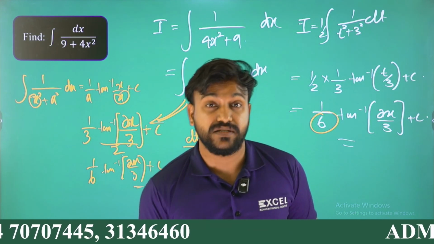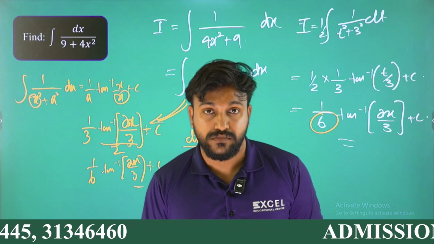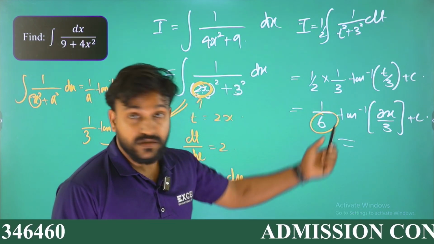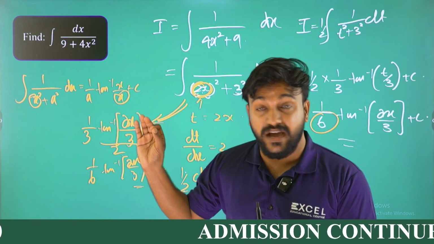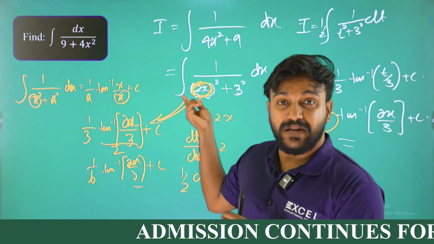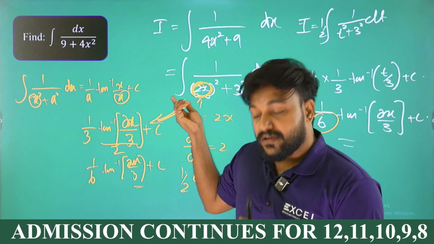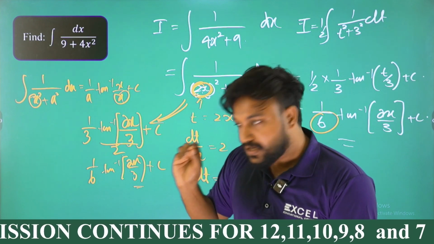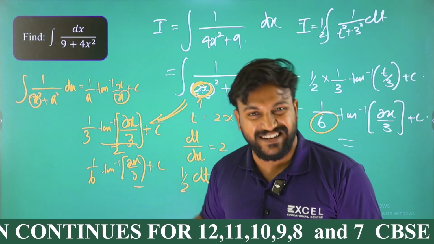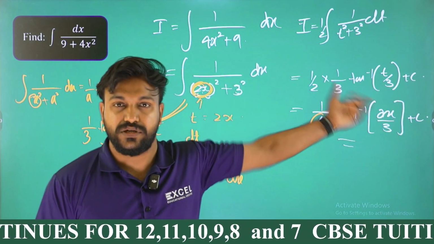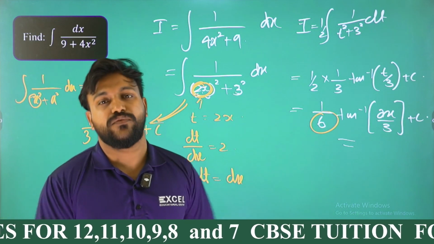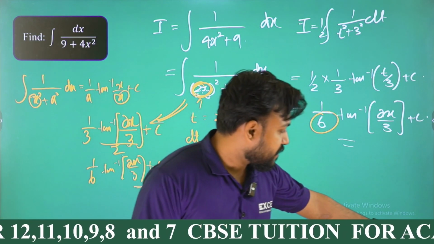If it is not a constant, then only you have to think about it. You don't need to go like this, you can go like this. If you understood the idea, if x is replaced with any function, you differentiate it, and if the derivative is a constant, you can divide by it and get the answer directly without going for the substitution. Otherwise you can go for the substitution directly.